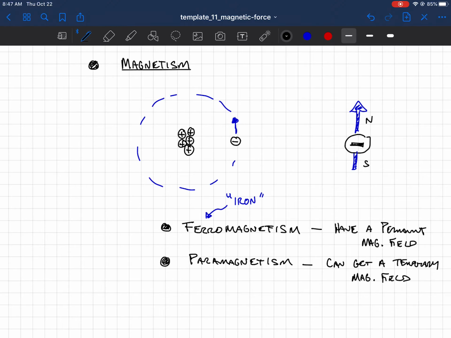And then finally there's something called diamagnetism, which is that if you expose it to an external magnetic field, it gets an oppositely directed magnetic field.